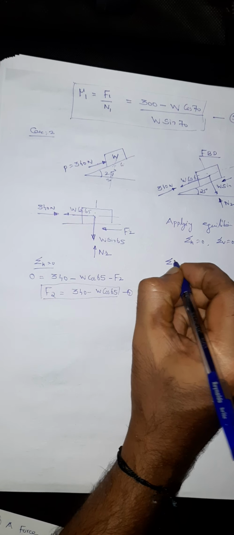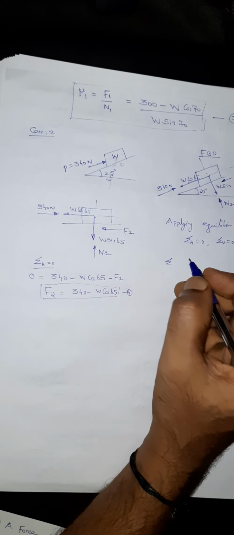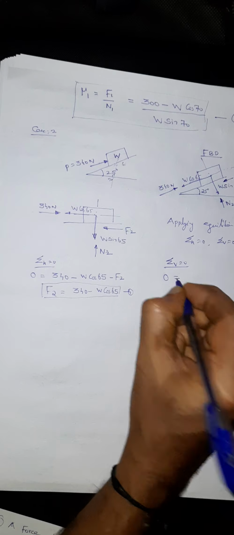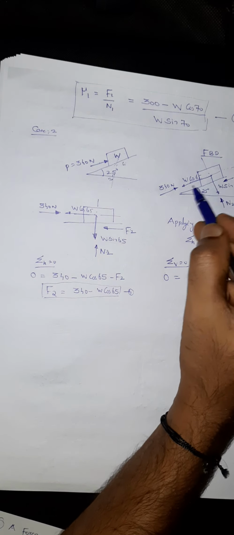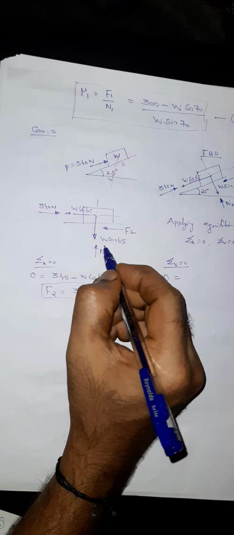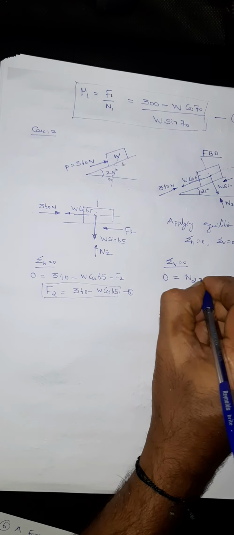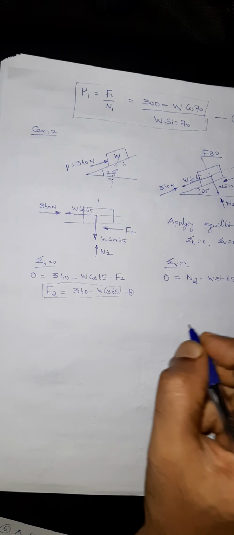Now going to resolve the vertical forces. 0 equal to, vertical forces. How many forces are there? 1, 2. N2 minus W sin 65.